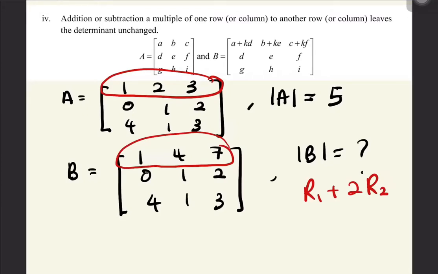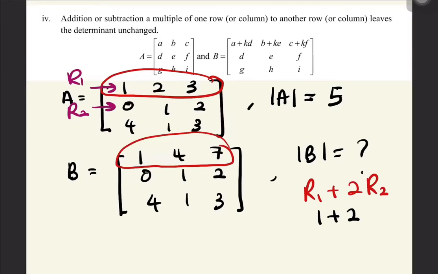Okay, so how can I obtain this operation? First, clearly the row that is changed is row 1. Okay, row 1. So R1 plus 2R2. So let's say for the first one here, R1 is equal to 1 plus 2. So R2 here. This one we refer to as row 1 and this as row 2.